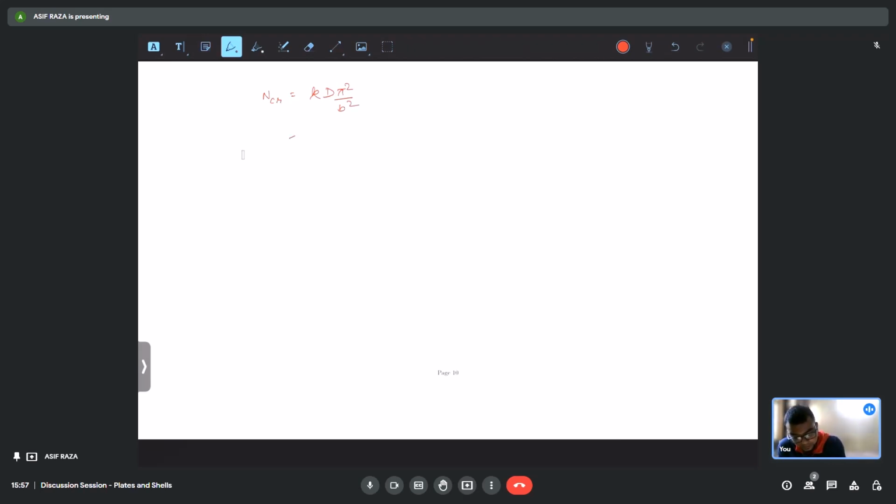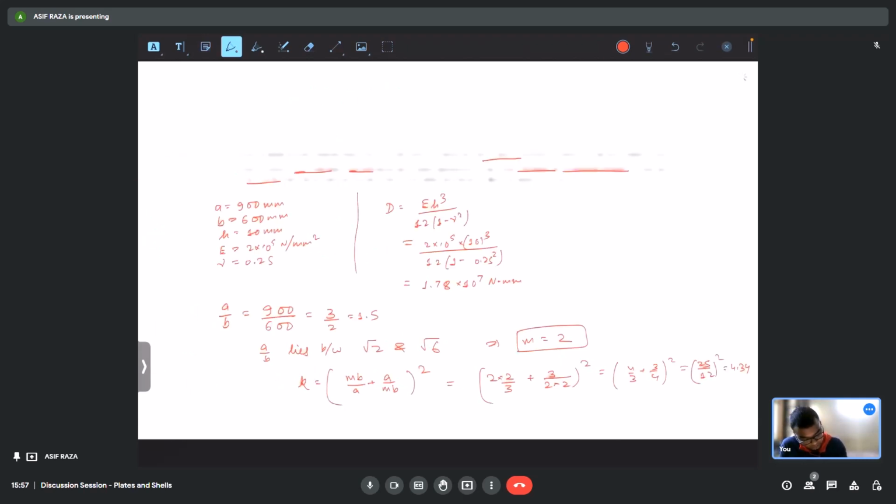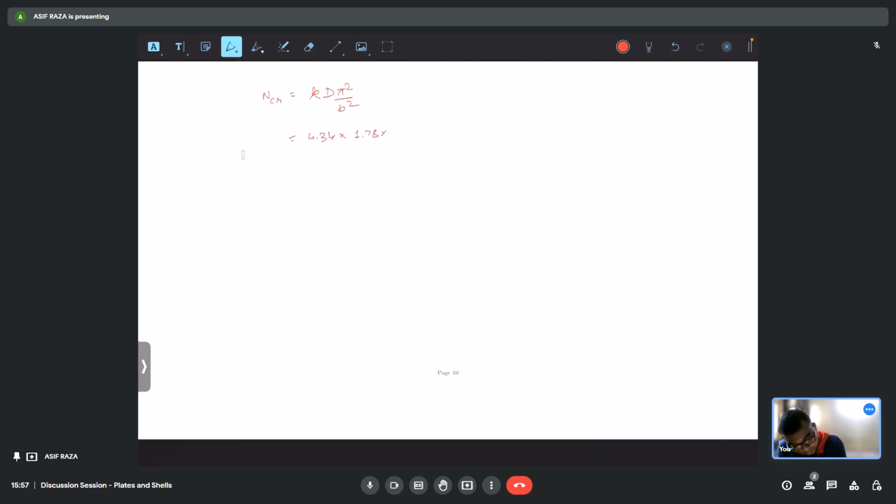So we have 4.34 × 1.78 × 10⁷ × π² divided by 600². So this will be equal to 2117.907 Newton per mm.